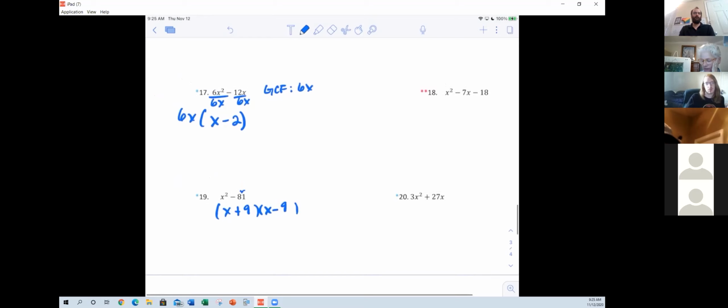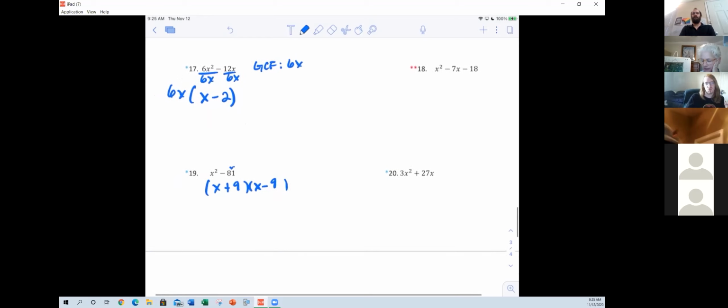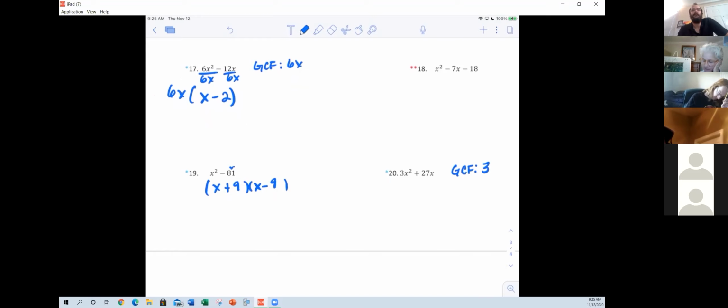All right. So while I've still got you, Timothy, can you do number 20? Sure. GCF is going to be 3 and 3x, and then parentheses, x minus 9. So that's it.